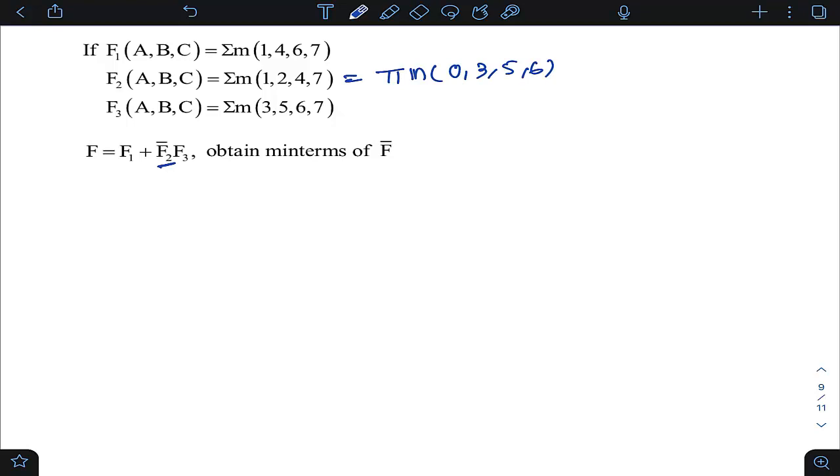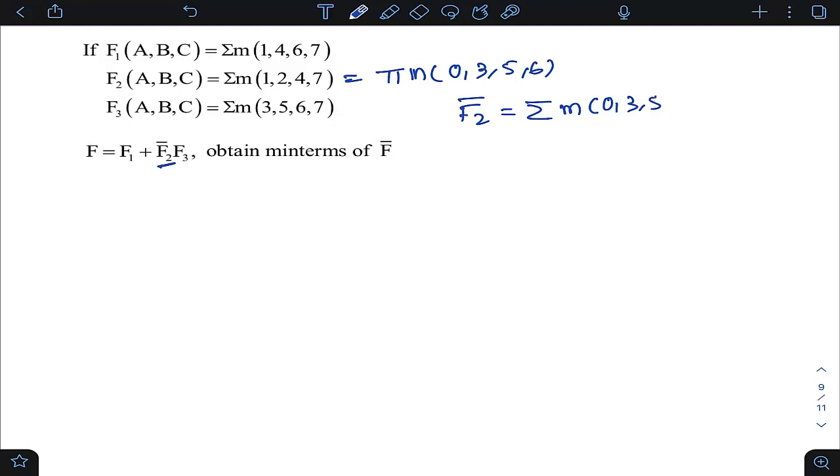If I ask you to define f2 bar, what are the min terms of f2 bar? The max terms of f2 become the min terms of f2 bar. So the max terms of f2 are 0, 3, 5, 6, and the min terms of f2 bar will be 0, 3, 5, 6.